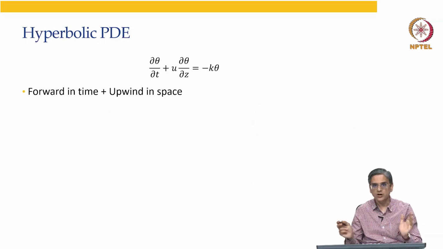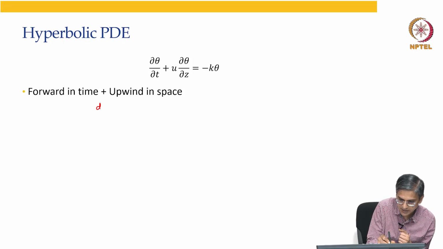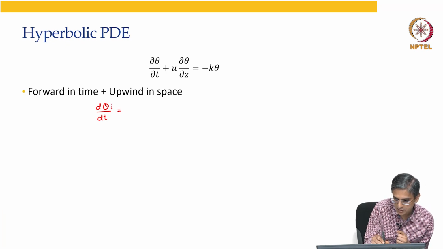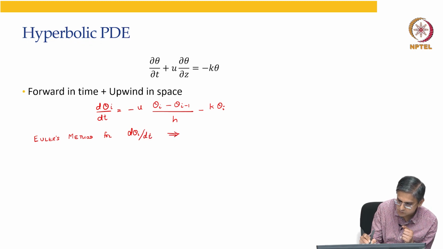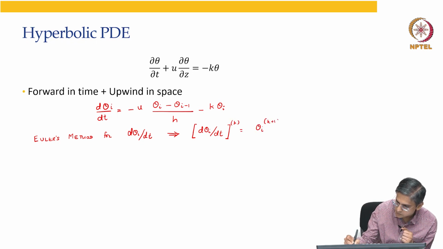So, what we did in the previous video for the hyperbolic PDE is we said d theta by dt at location i is going to be nothing but negative u times the spatial derivative.